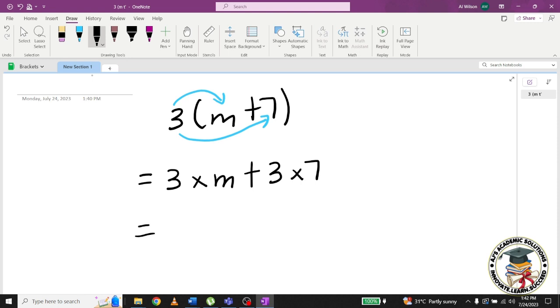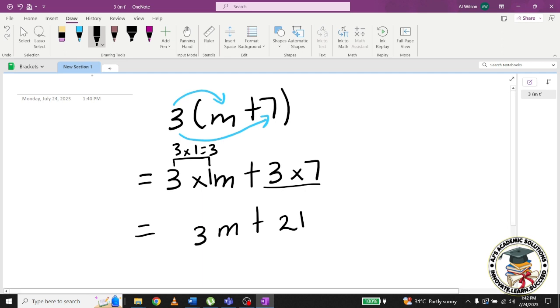So we know because you have a variable m, one answer is going to be for m. But let's just work out this part here. 3 times 7 is 21. Now remember, when a variable does not have a number in front of it, that number is 1. So if we multiply here, we'd have 3 times 1, which is equal to 3.